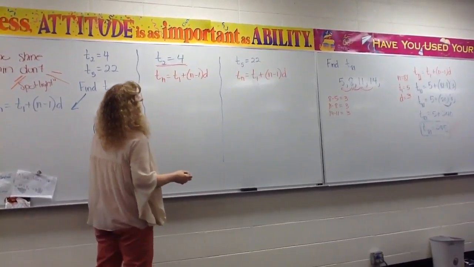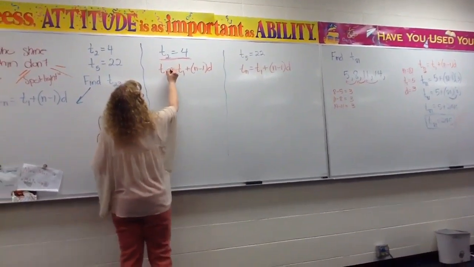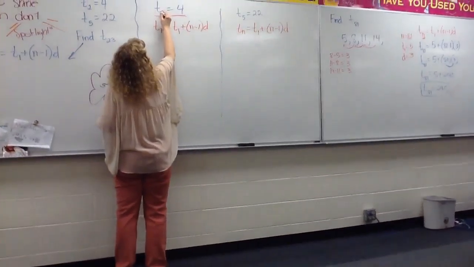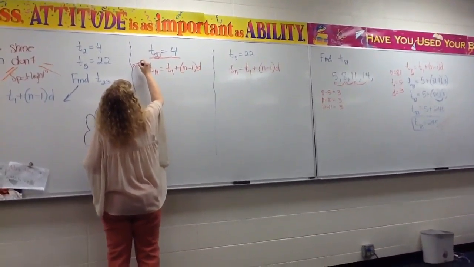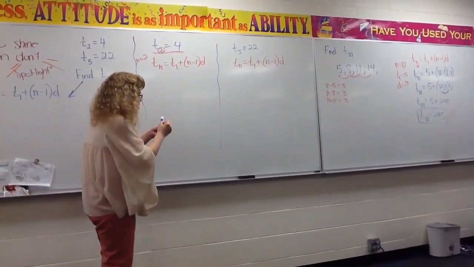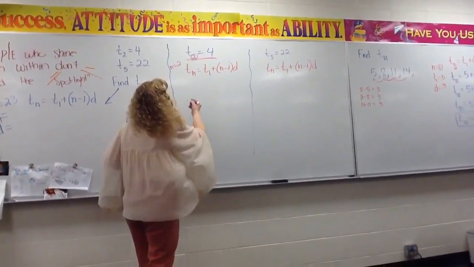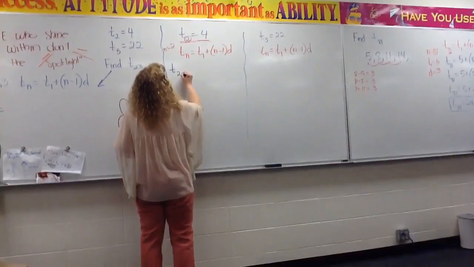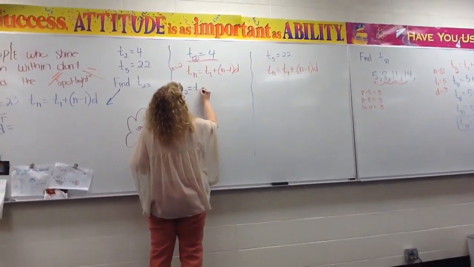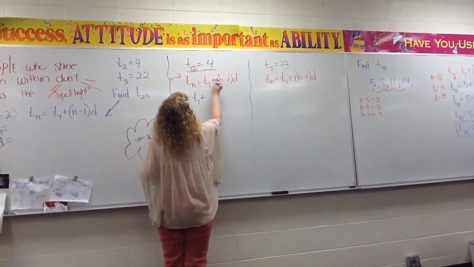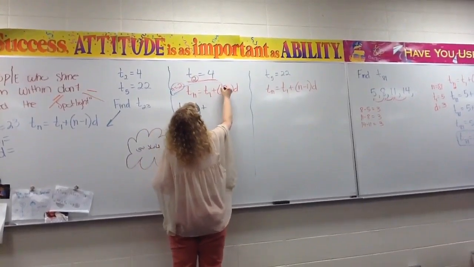If you look at that thing, what's the n value? Yes. And that's actually the only thing I know, is that n is 2, right? So for T2, I don't know what T1 is, but I do know that this n value is 2.